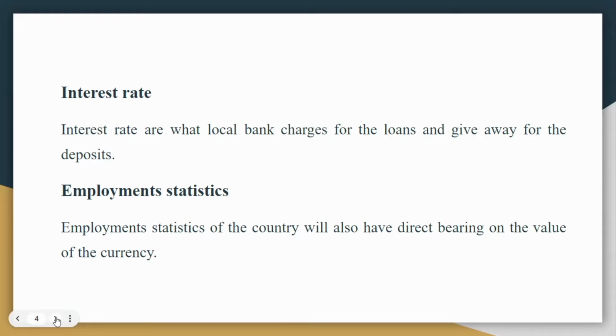So you have to look at how many people are employed in the country and also check the number of unemployed. More employment is a sign of a strong currency. More unemployment is a sign of a weak currency. So it's vice versa.